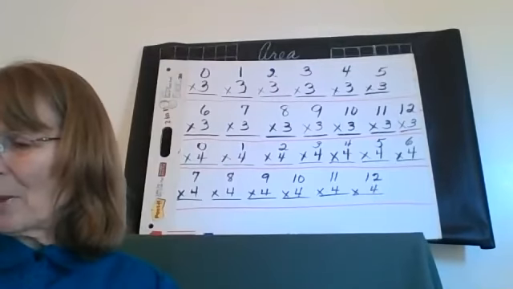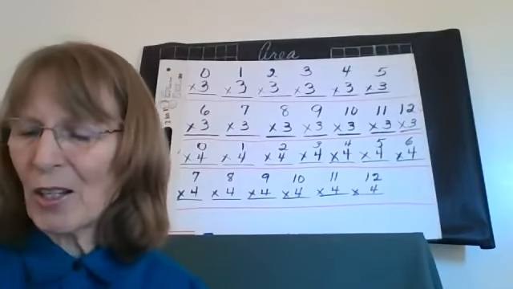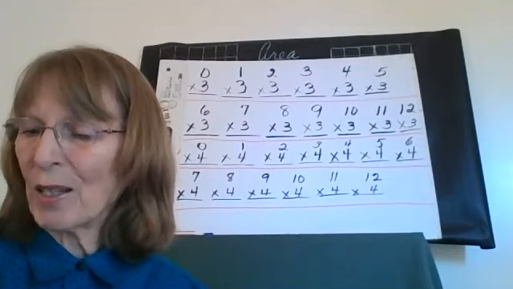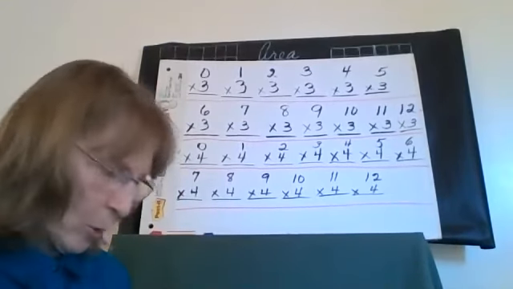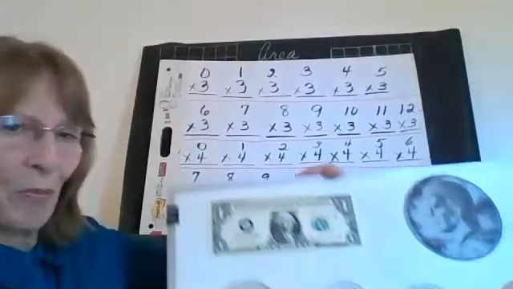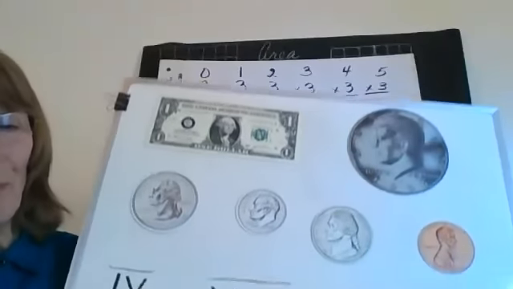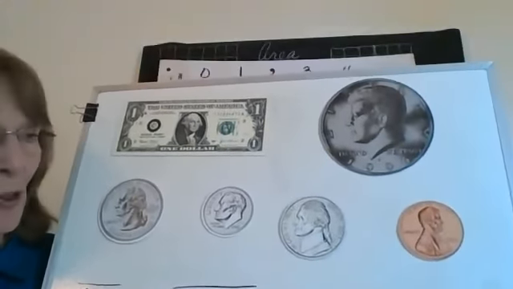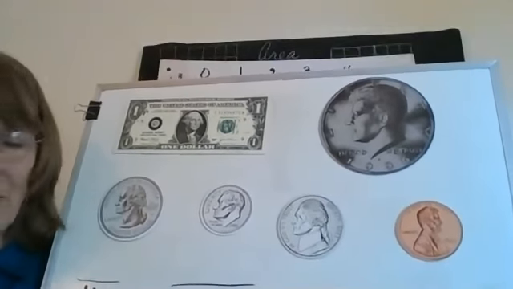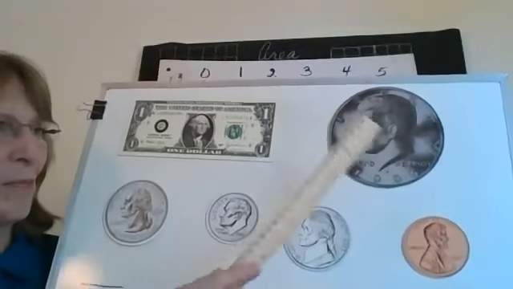Okay, I'm going to stop now, and I would like to go back over just one more thing. Look at these coins. I'm going to point to one, and you tell me how many cents.